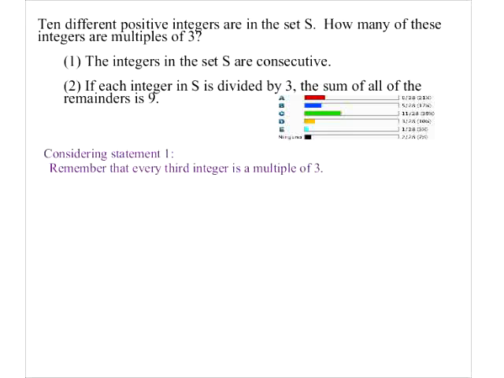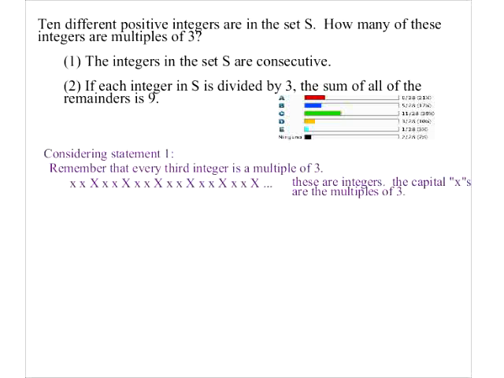If you want to think about it like this, here's a diagram. Let's say that these are integers and the capital X's are multiples of 3. So we have 10 consecutive integers, and the question is how many of them are multiples of 3.